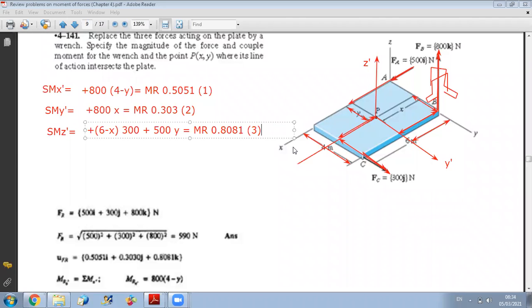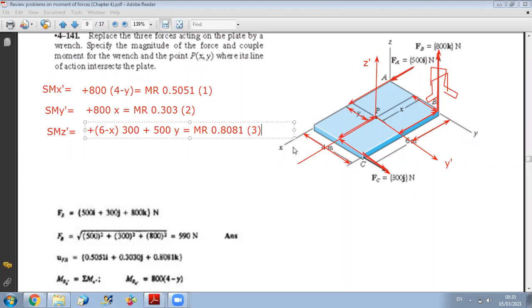Any question on the second method? Yes, doctor. If we calculated the sum of moments about A, applying the old method, I would have one unknown each, X and Y. Look, I will tell you why no. Here, they want you to reduce to a wrench at P. They told you to find the coordinates of point P in a way to have a wrench.